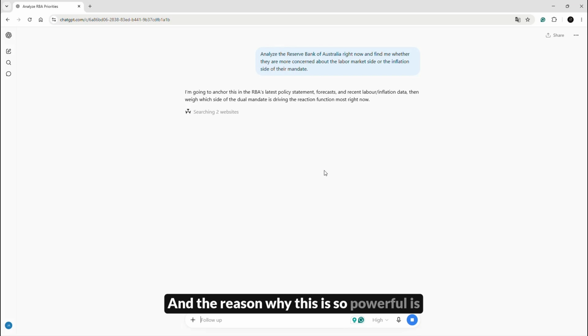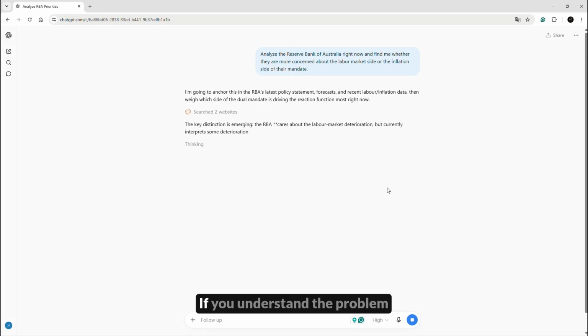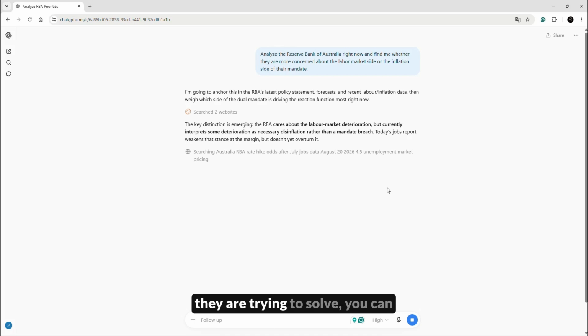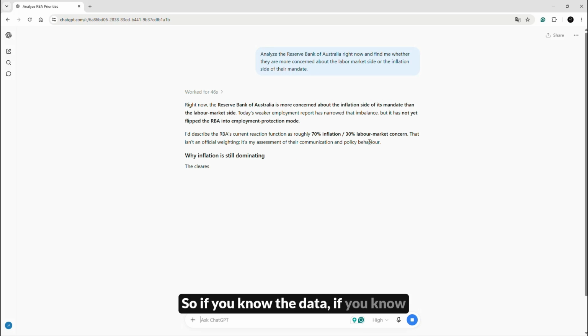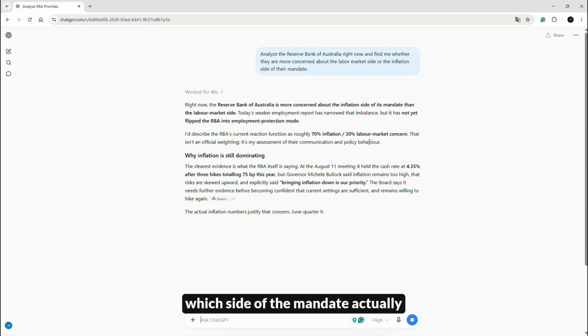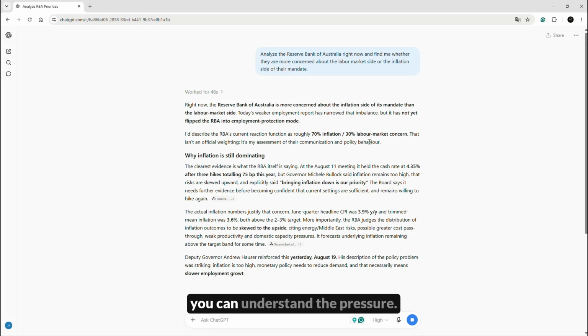And the reason why this is so powerful is that central banks have consistent goals. They want something. They're not perfectly predictable, but they're systematic. If you understand the problem they are trying to solve, you can begin to anticipate the action they are likely to take. So if you know which side of the mandate they are more concerned about, well, you can understand the pressure.